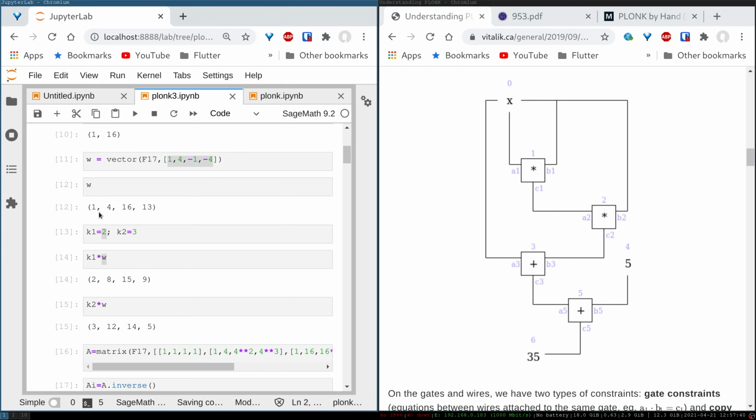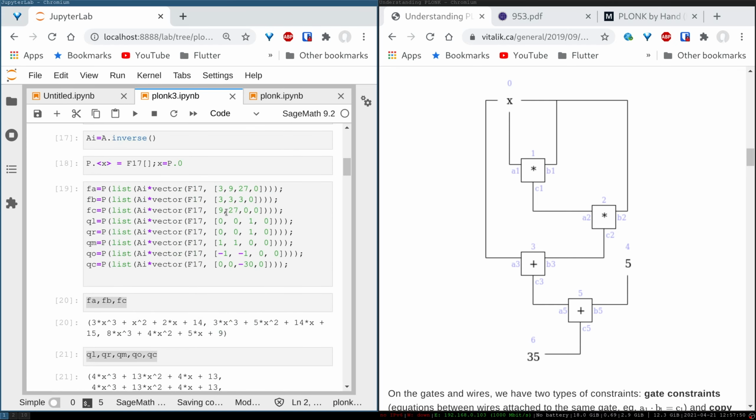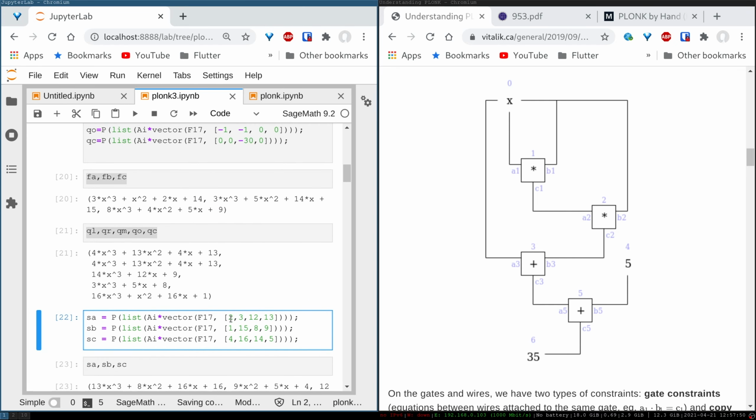So here, the second A2 is this 4, right? So if we don't swap anything, then we would also have the same values for A: 1, 4, 16, 13. But we are saying that A1 should be the same as B1.